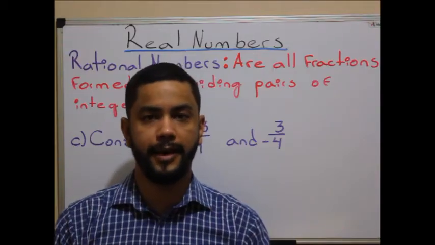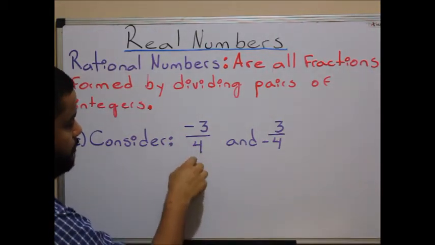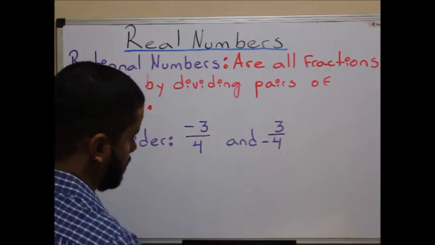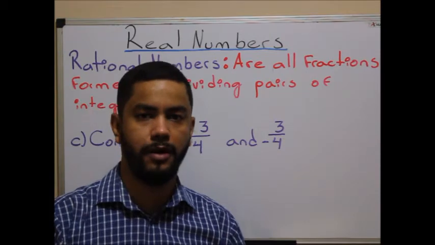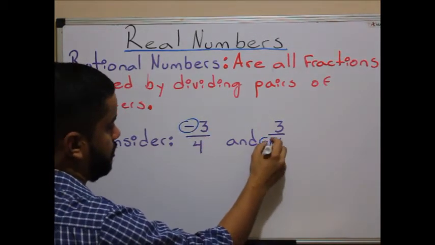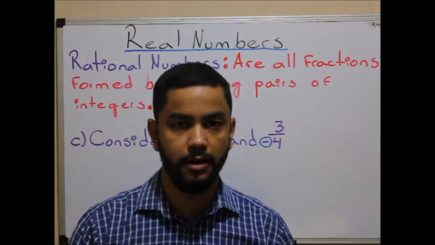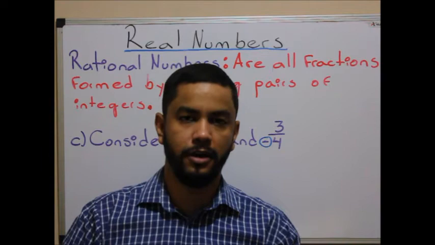Let's see that number there. We're going to consider -3 over 4 and 3 over -4 to see what relationship they have. When our fraction is carrying a negative, both numbers are negative.